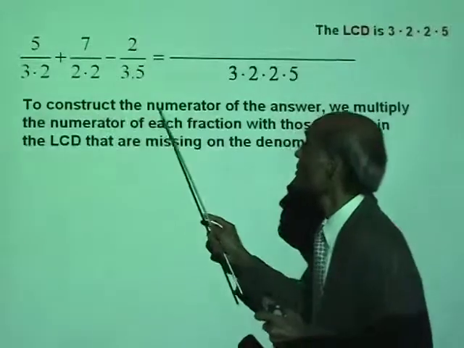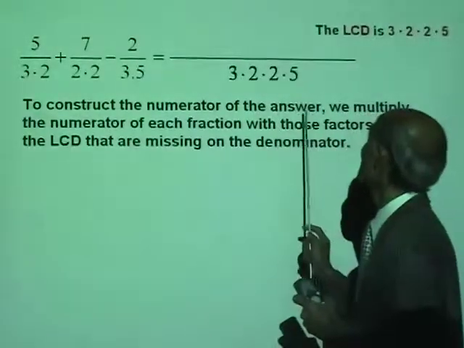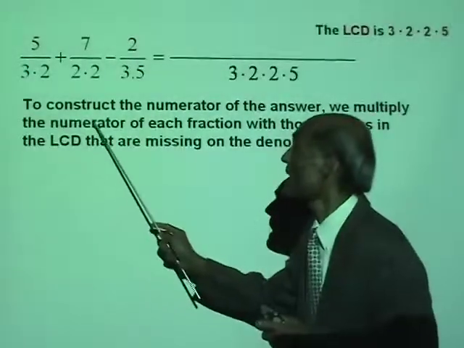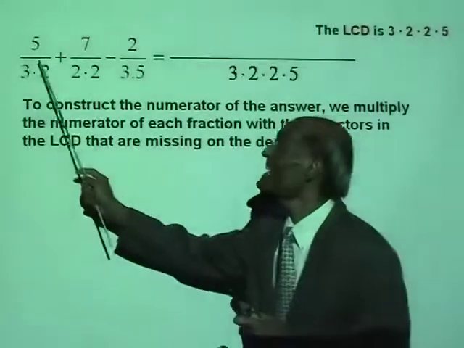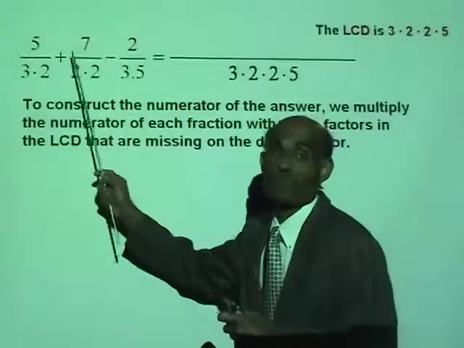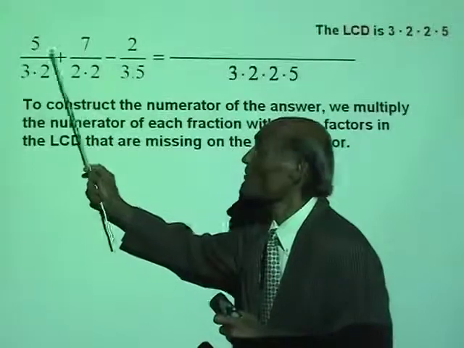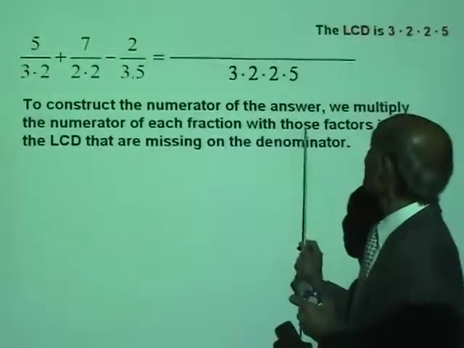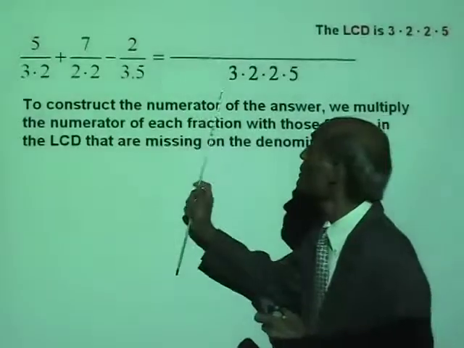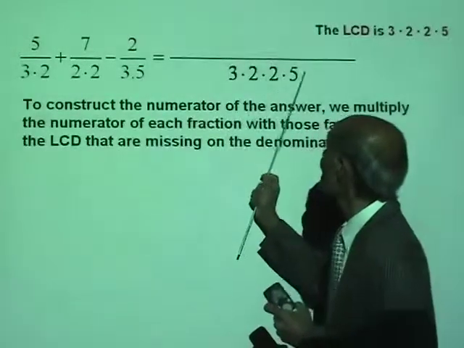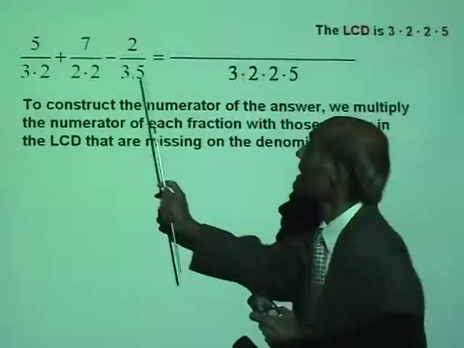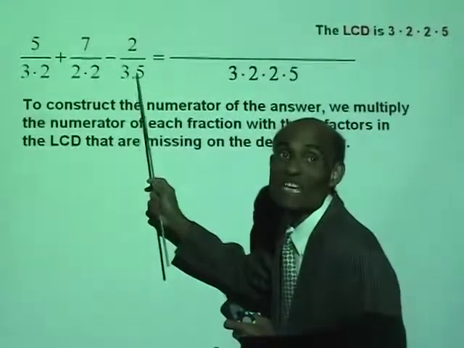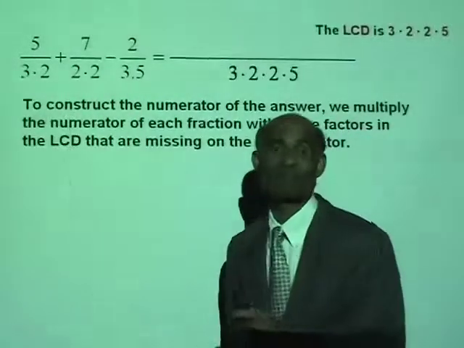To construct the numerator of the answer, we multiply the numerator of each fraction with those factors in the LCD that are missing in each of the denominators.